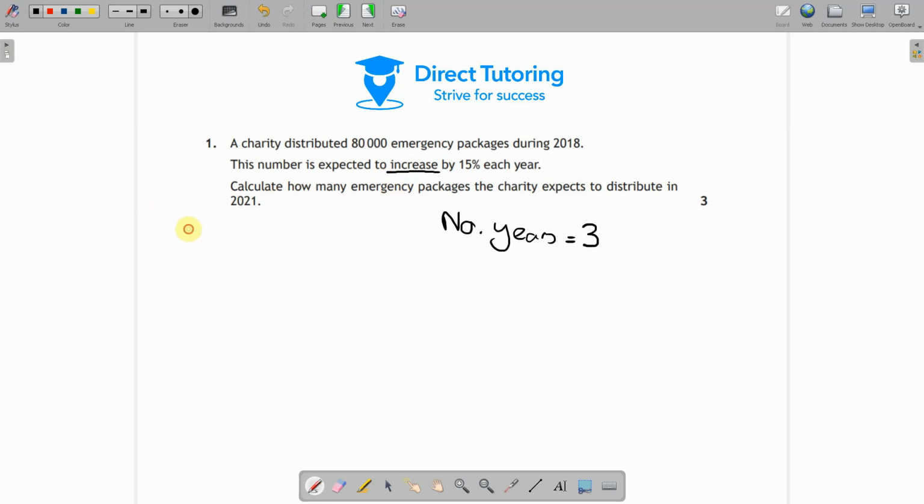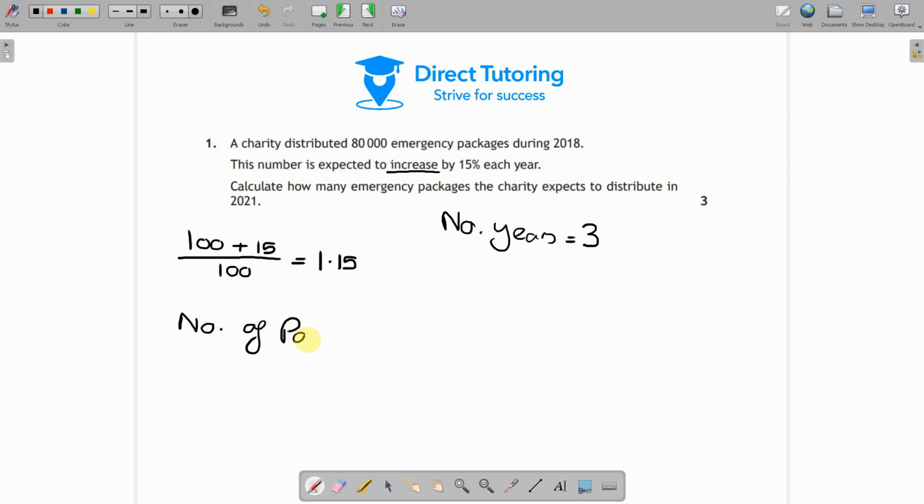So we have to do 100% plus 15, because we're increasing, so that will be plus, divided by 100 to get it out of percentage form. So we get our scale factor is 1.15.